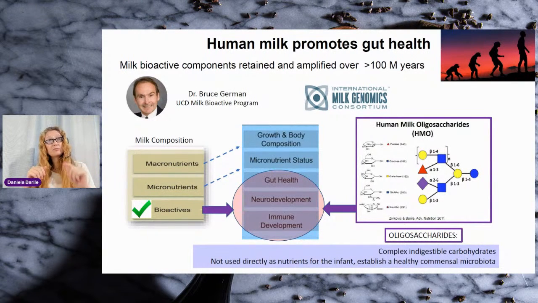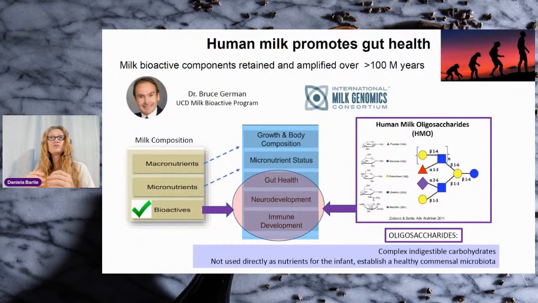These bioactive molecules are in charge of determining gut health, neurodevelopment, and immune system development. So you can see how we need most knowledge on the molecules that are doing the biggest job for the developing body, and those are the ones we really don't know about.